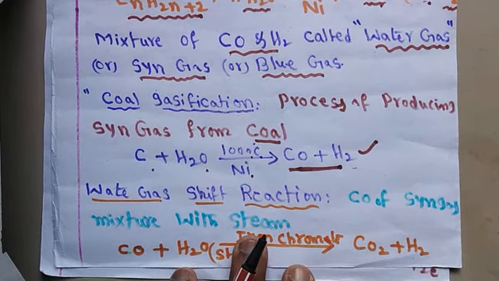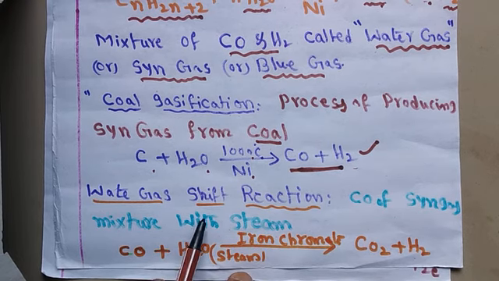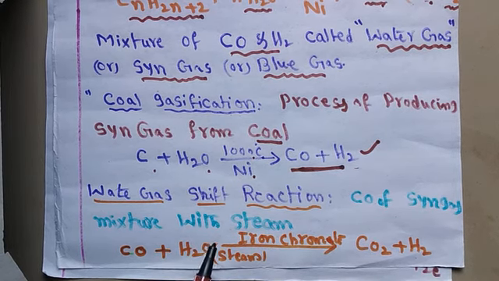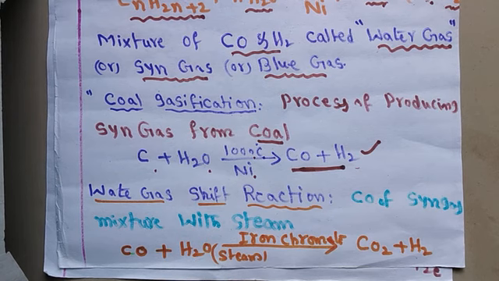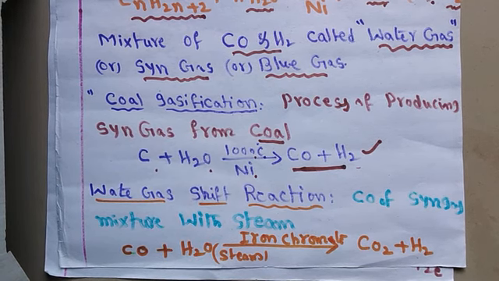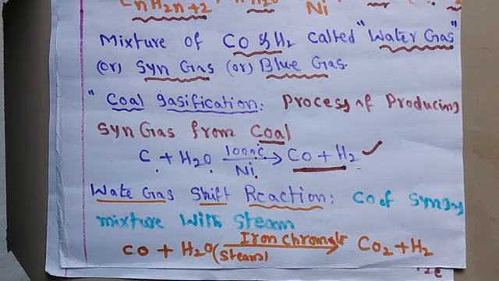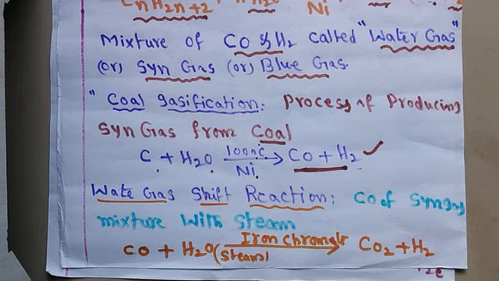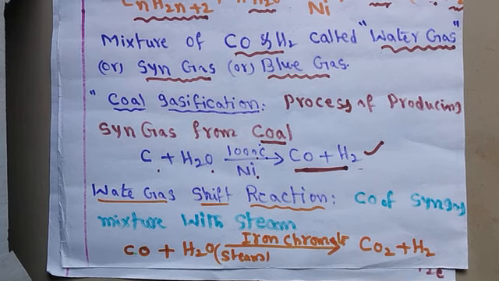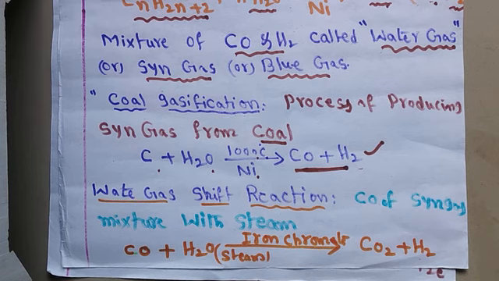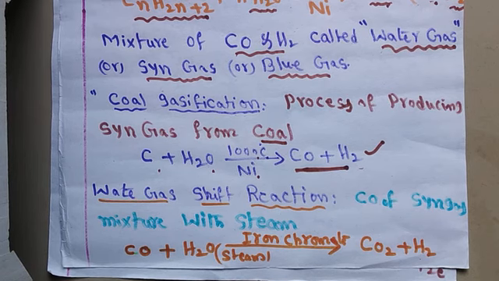Next, children, one more important point: the water gas shift reaction. The water gas shift reaction means that the production of hydrogen can be increased by reacting the carbon monoxide of the syngas mixture with steam in the presence of iron chromate as a catalyst. So what is the water gas shift reaction?